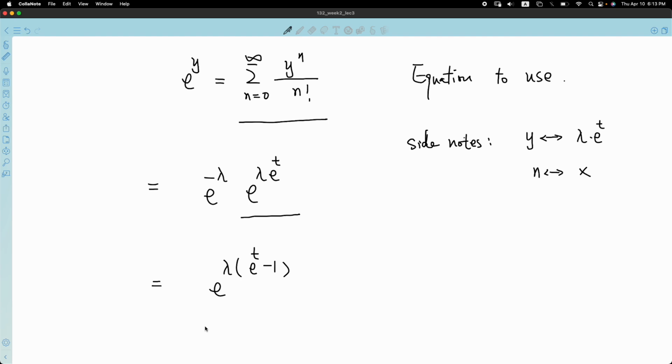I'm just combining, so lambda multiplied by that, minus 1 for this. And this I'm going to claim is the moment-generating function for Poisson random variables. Any question or comments?